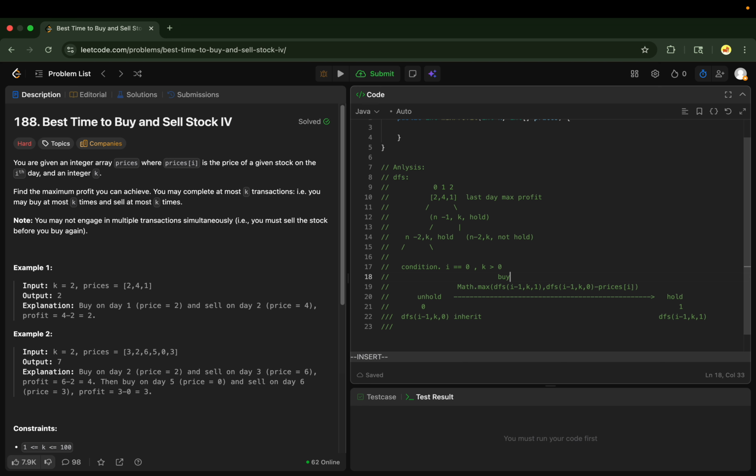This means buy. Buy means we have to pick up the previous one, right? Whether the current buy is maximum or I don't need to buy anything, it's already large, so you have to compare which is the max profit. And also we need to sell it.